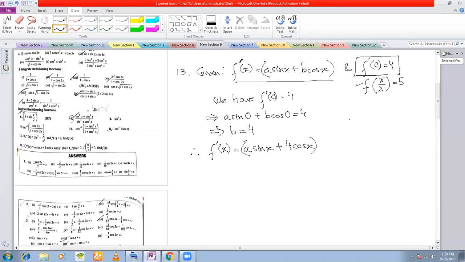Now I will find f x from f dash x, so I will integrate both sides. Therefore, integration of f dash x dx is equal to integration of a sin x plus 4 cos x dx.